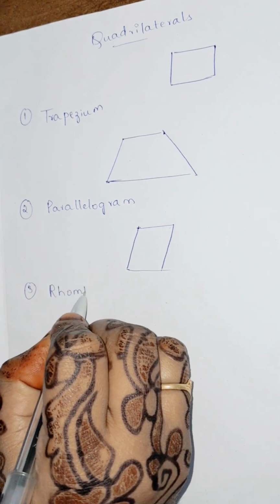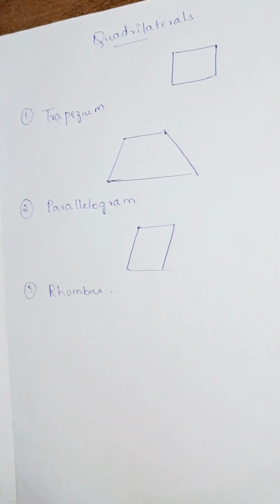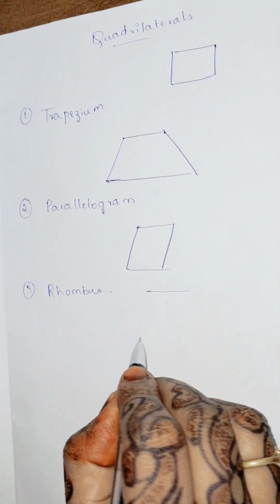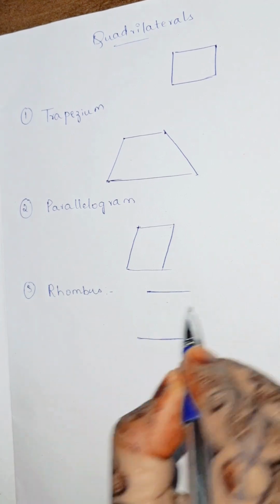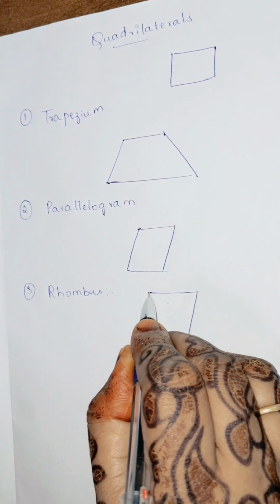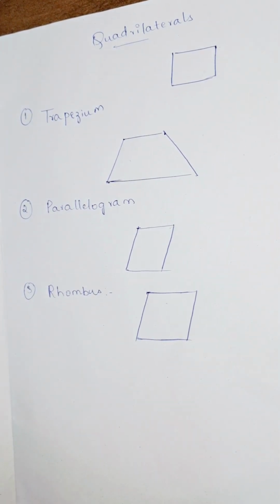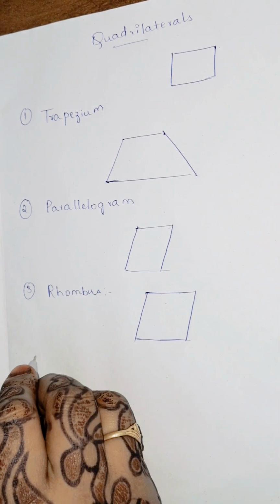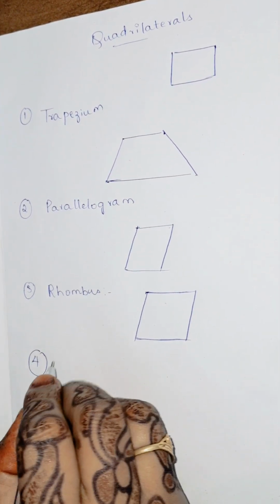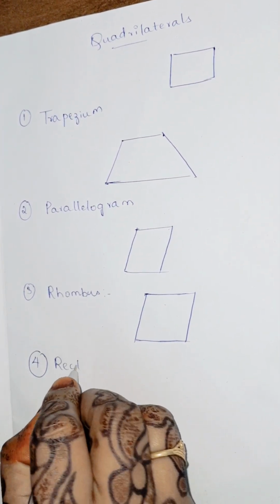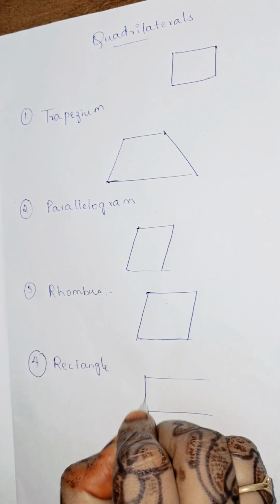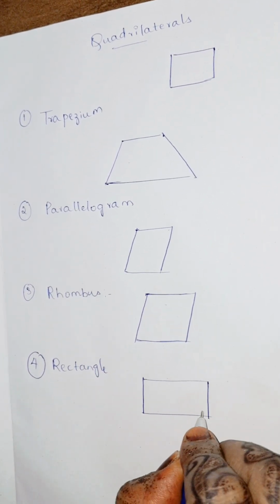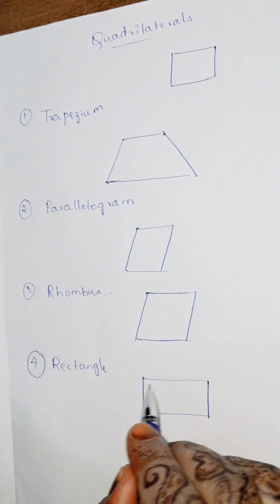The next is rhombus. In a rhombus, adjacent sides will be equal. Adjacent sides means this and this; these two sides will be equal in a rhombus. Next, rectangle. In a rectangle, opposite sides will be equal, and also one angle will be a right angle.